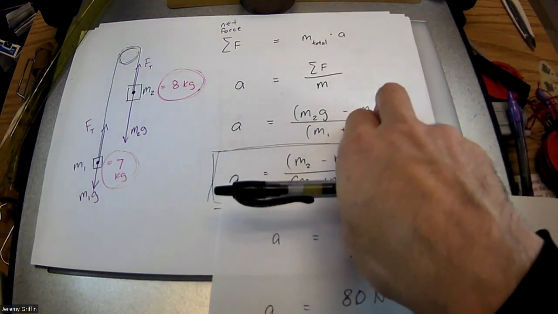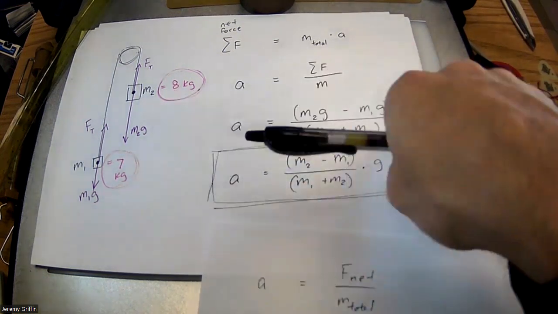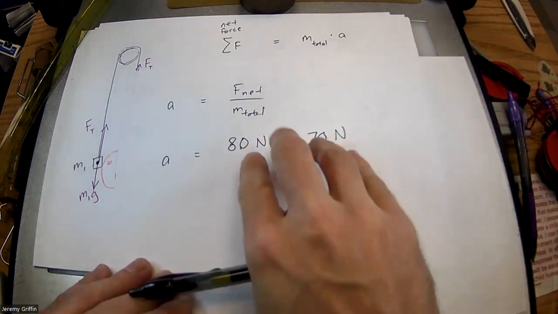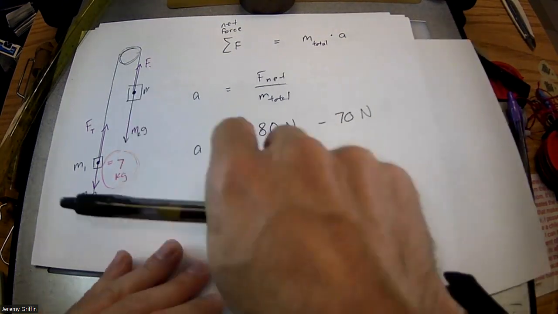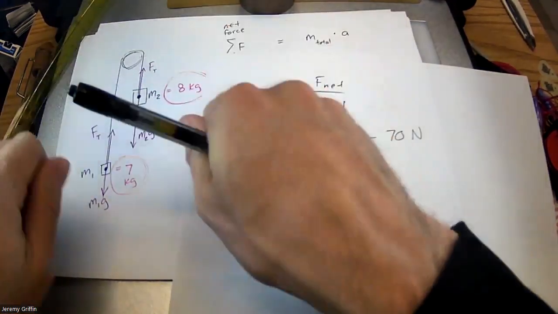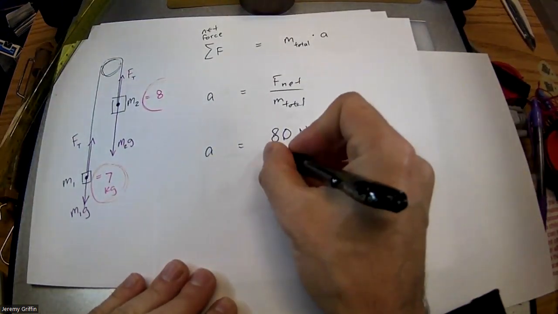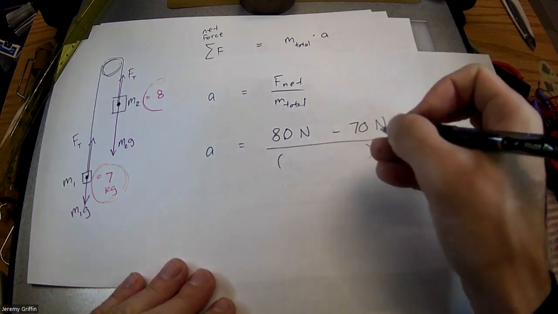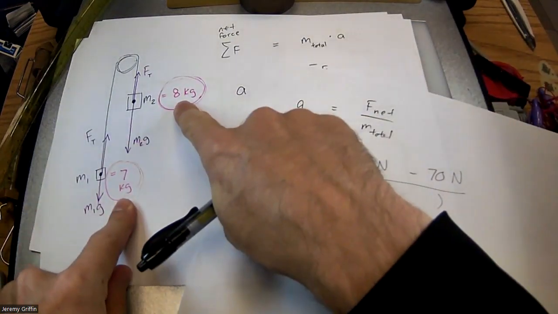Because m1 g is 70 newtons. It's 7 times 10. You can just plug it into those, right? 70 newtons. Right, so I got a net force of 10 newtons. It's like two guys playing tug of war, and that's the difference in the forces. Driving, how much mass? 15 kilograms.